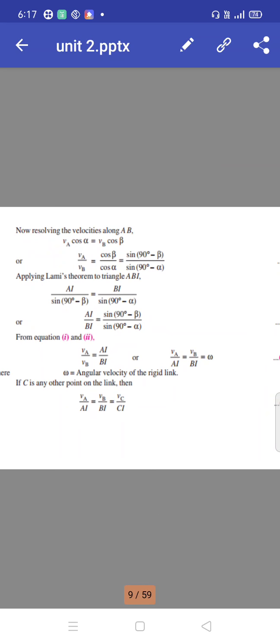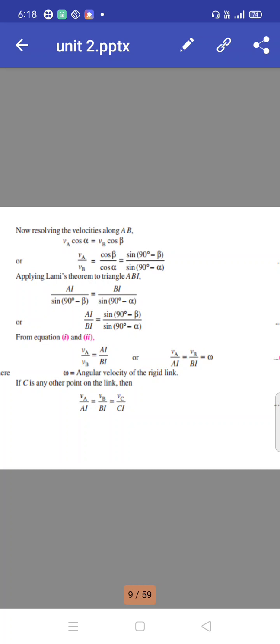From the diagram, resolving the velocities along AB, VA cos alpha is equal to VB cos beta, or we can write VA by VB is equal to cos beta by cos alpha. It's equivalent to sin(90 minus beta) divided by sin(90 minus alpha).